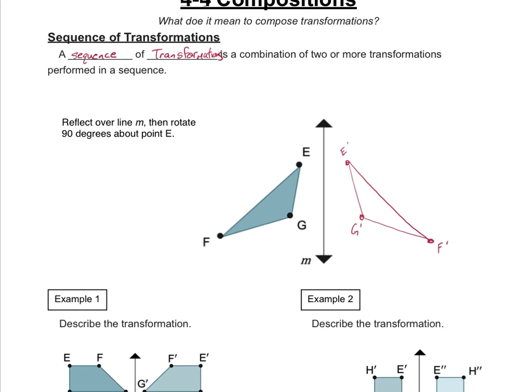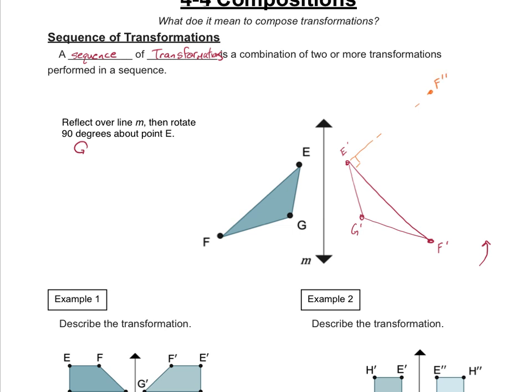Now, if I wanted to rotate 90 degrees, you've got to remember that we are going to be rotating counterclockwise. It's 90 degrees, so we assume it is a positive measurement. So with that, just thinking about 90 degrees, F would be 90 degrees this way. So that would be F double prime.